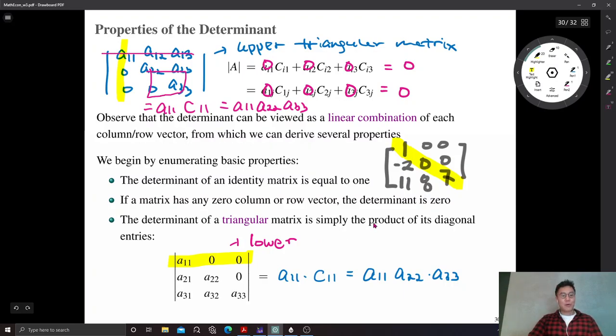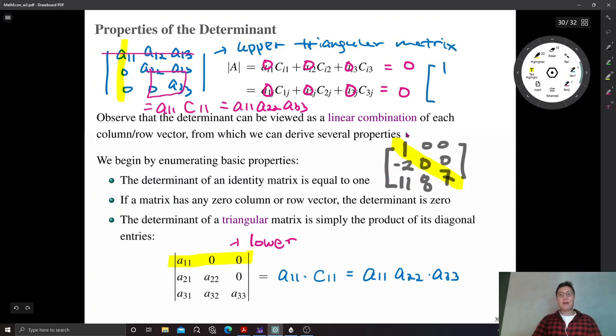And furthermore, we can derive the first property from this fact. Determinant of the identity matrix is equal to 1 because the identity matrix is a triangular matrix.